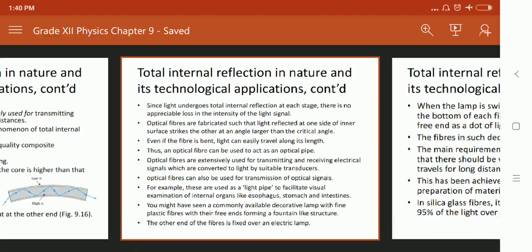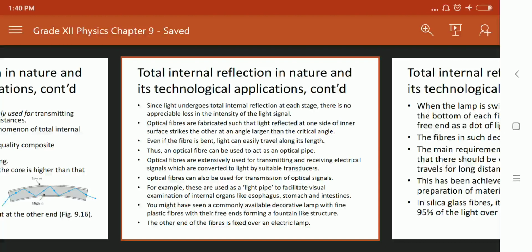As the light undergoes total internal reflection, no loss of intensity of light is observed. The light strikes one side of the inner surface and then the other at an angle larger than the critical angle.